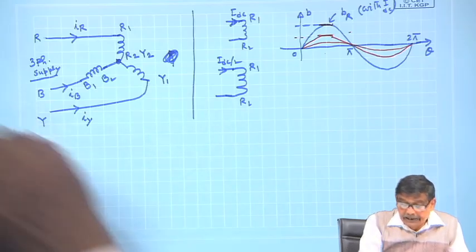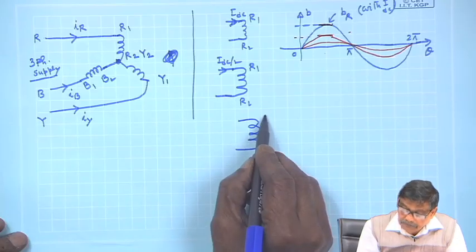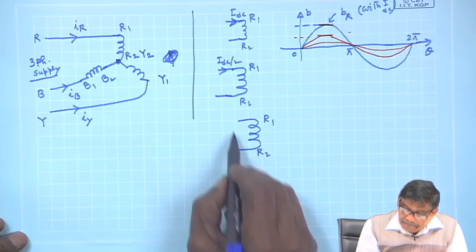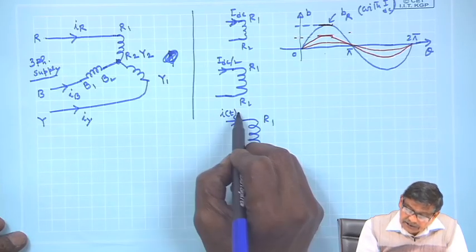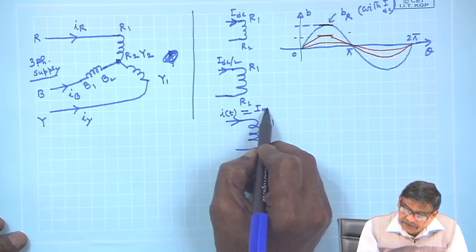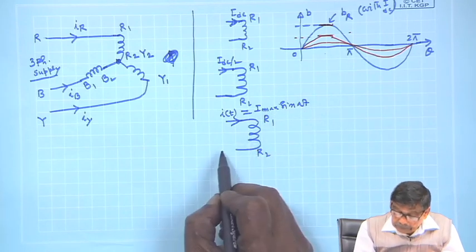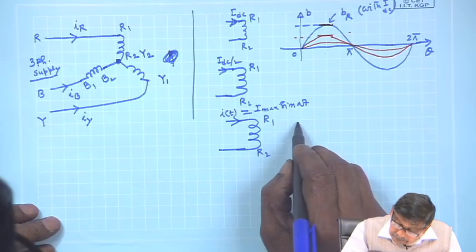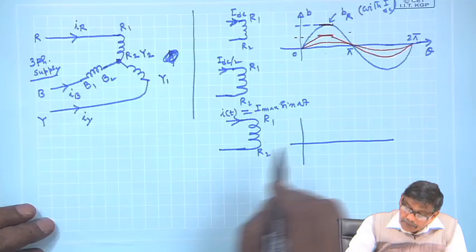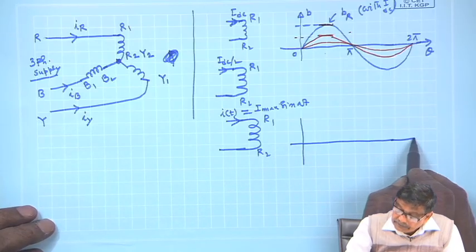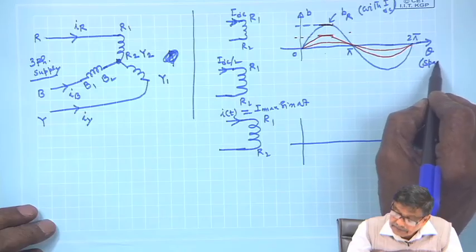Therefore, if I now say that this coil R1 R2 is carrying a time varying current i(t), which is of the form I max sin omega t, then the MMF distribution, this is space, mind you, space.